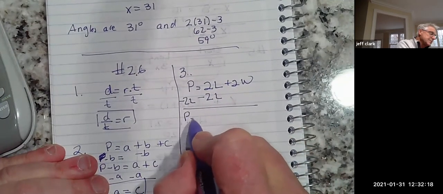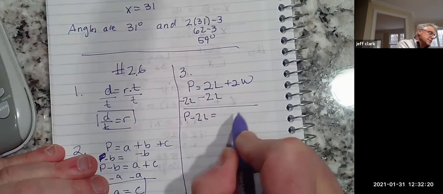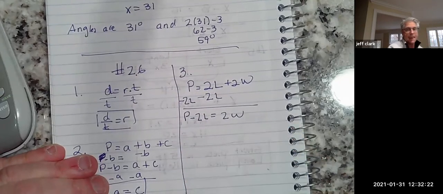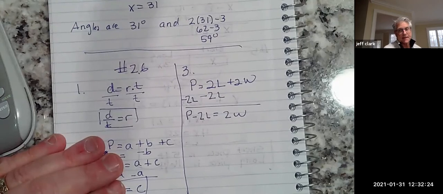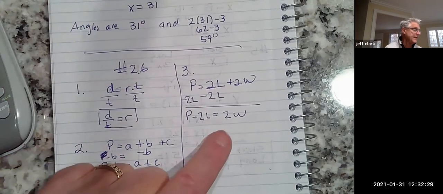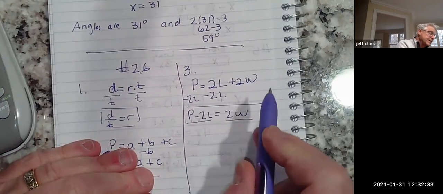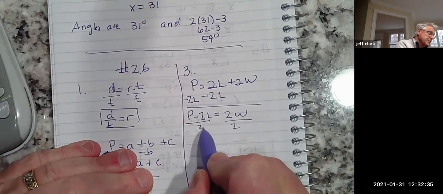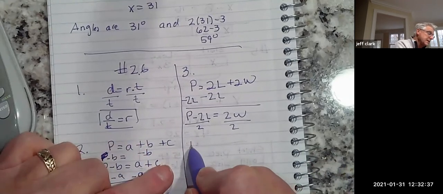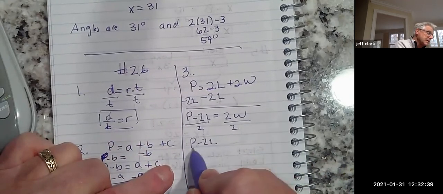So you get P subtract 2L is equal to 2W. And then I'm going to divide both sides by the 2. So get rid of the 2 by dividing by 2. And you get P subtract 2L all over 2.